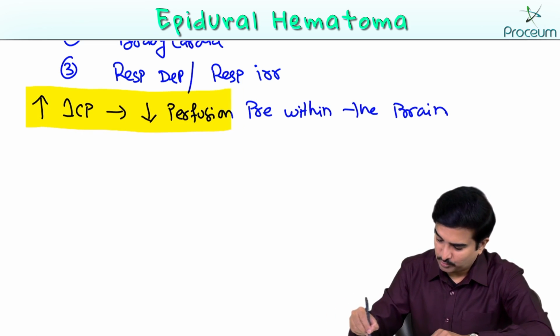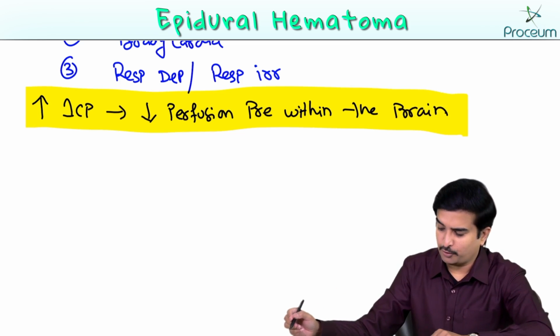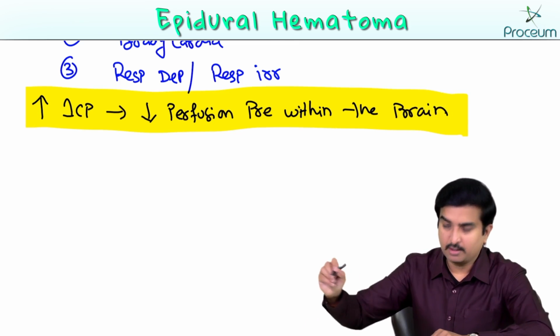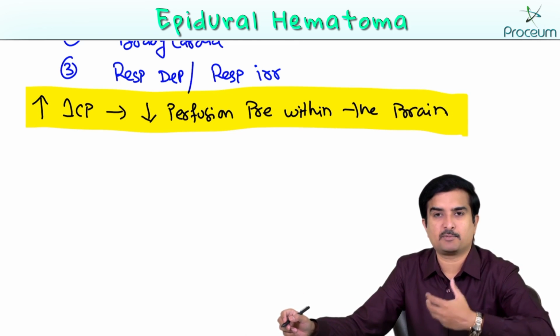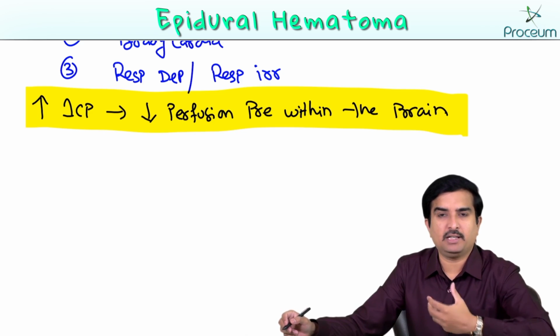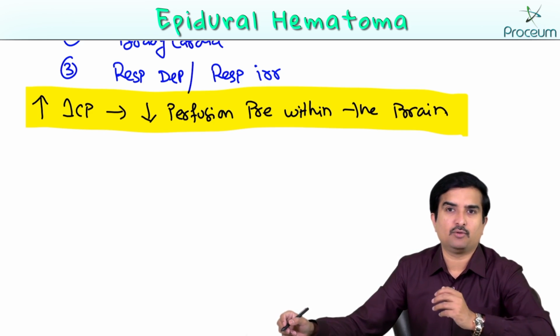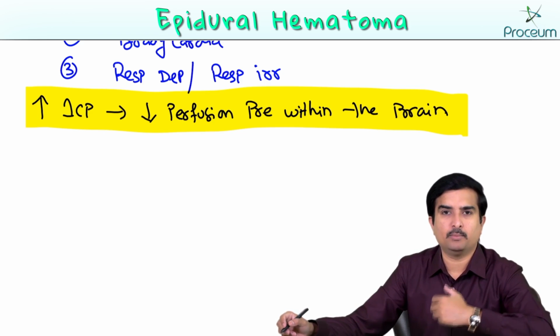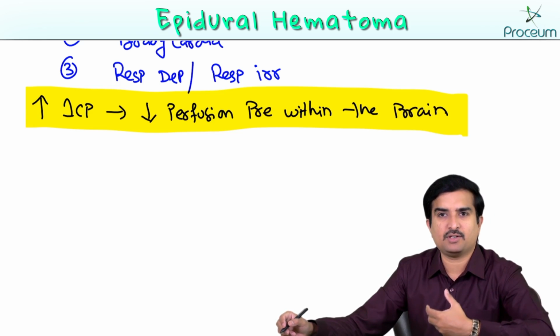Because of this, compensatory mechanisms play a role. What will be the compensatory mechanism? Increase in the heart rate, mainly to increase the cerebral perfusion, as sympathetic nervous system activation can be seen.